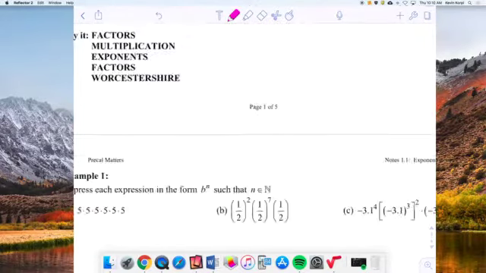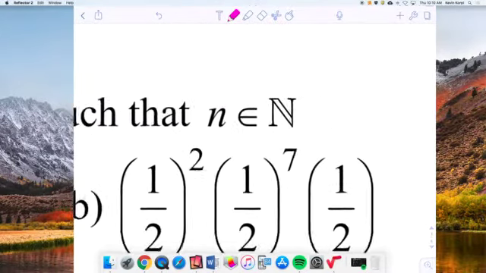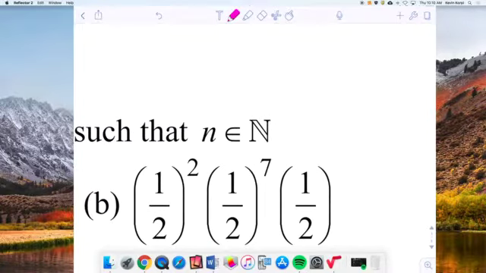It says to express each expression in the form b to the n such that n is an element of the natural numbers. Well, n is just going to be a variable. And what does this little guy mean? Y'all seen him before.